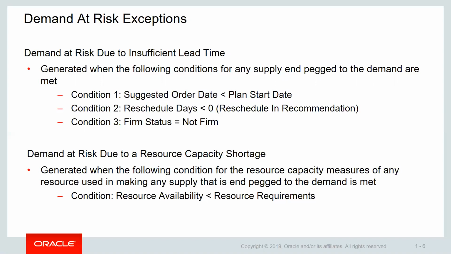The demand at risk due to a resource capacity shortage is generated for the resource capacity measures of any resource used in making any supply that is n-pegged to the demand when the resource availability is less than the resource requirements.